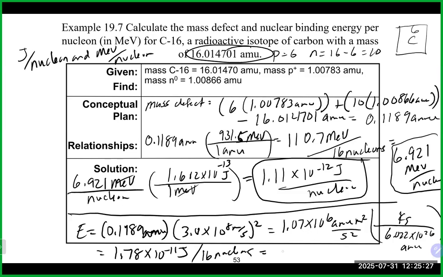And obviously, as you can see there, it gets you pretty much the same answer, 1.11 times 10 to the minus 12 joules per nucleon. Once again, you could convert it at that point to mega electron volts if you want to go that route. So you could do either way, whichever way you're comfortable with. I imagine those two conversions will be provided for you, so the conversion way might be a good way. Any questions on that there?